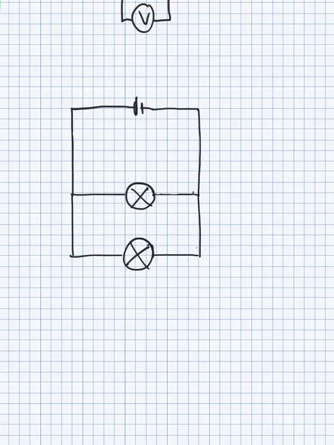Okay, so let's look at potential difference in parallel. Potential difference in parallel is almost like the way current works in series. If we have 9 volts of potential difference coming from the cell, then we get 9 volts in each of the bulbs.